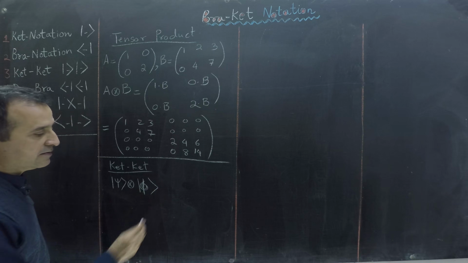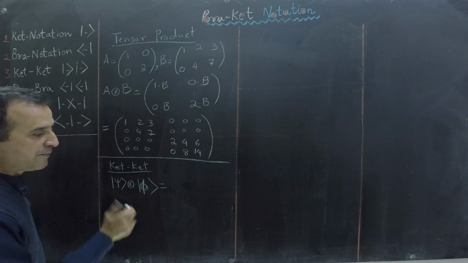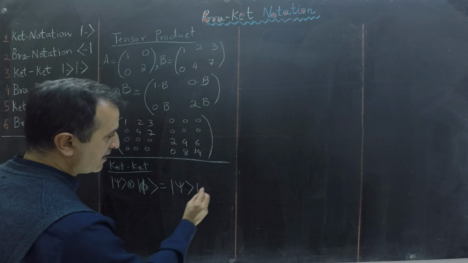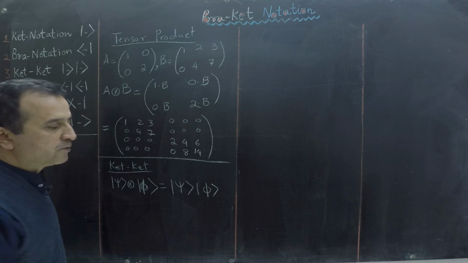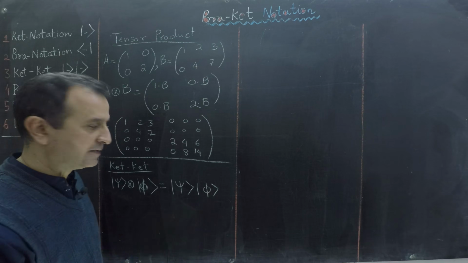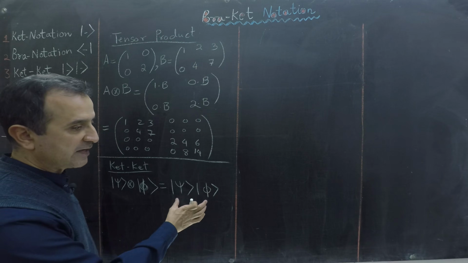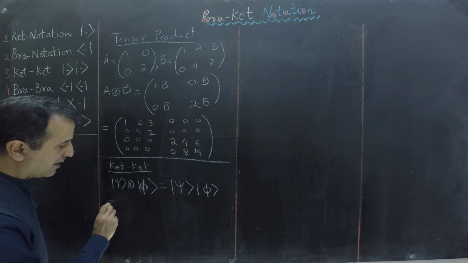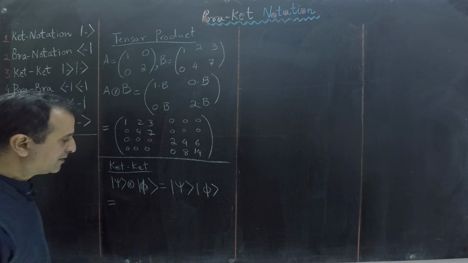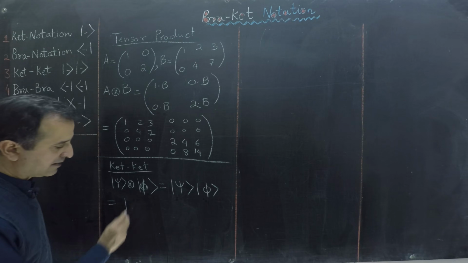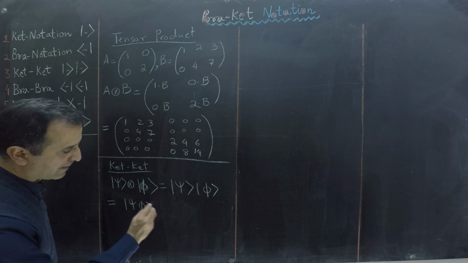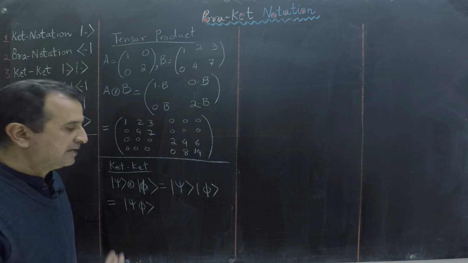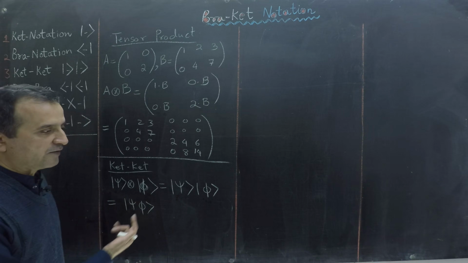Then this can also be represented simply as ket psi ket phi, because we cannot confuse this with multiplication, as these column vectors cannot be multiplied with each other. So in quantum computing, for the sake of simplicity, we can just write it as ket psi phi. These three notations, although they look different, all represent the tensor product of two column vectors.